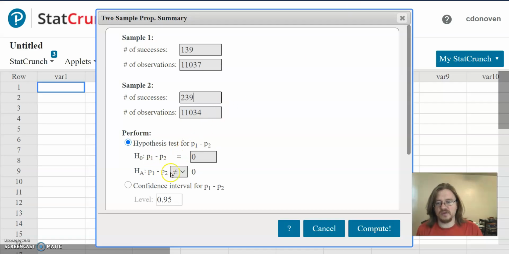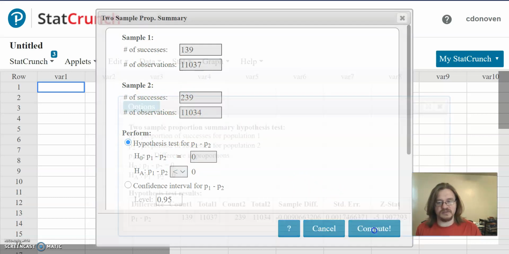So we want P1 minus P2 less than 0. And this is all of our information. We know our successes in both trials. We know how many people we tested, our hypothesis test, and we can compute that.